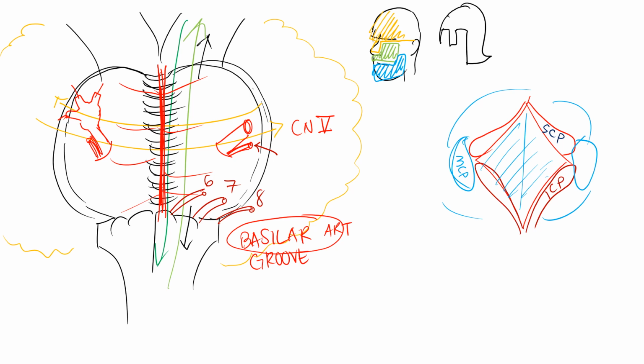Let's go to the medulla. Okay, the medulla. I think it has the most prominences in terms of surface anatomy, and so we have to learn how to draw your medulla.